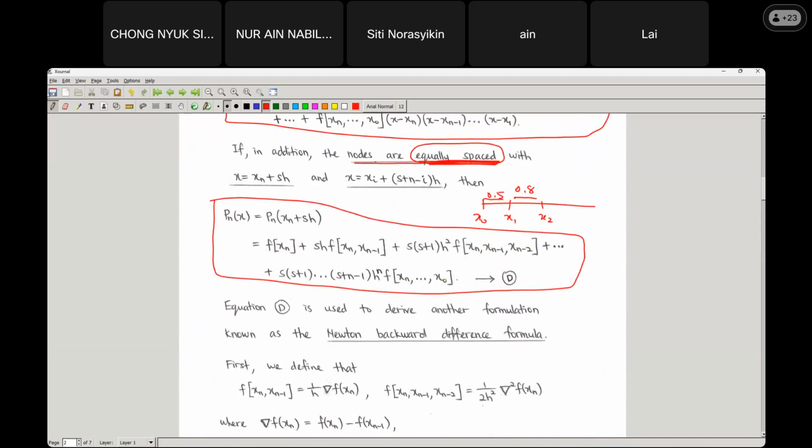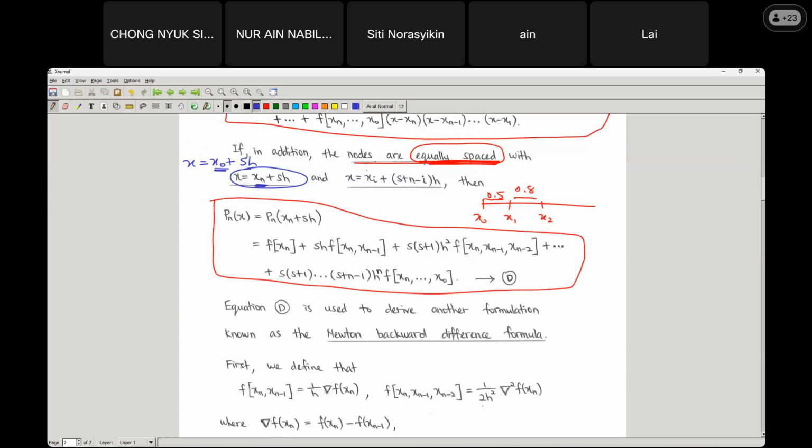So for that one, we have x equal to x0 plus sh. So forward, this is the first node, but for the backward, this is xn. So you need to be careful. We have x equal to xn plus sh, and then x equal to xi plus (s plus n minus i)h.